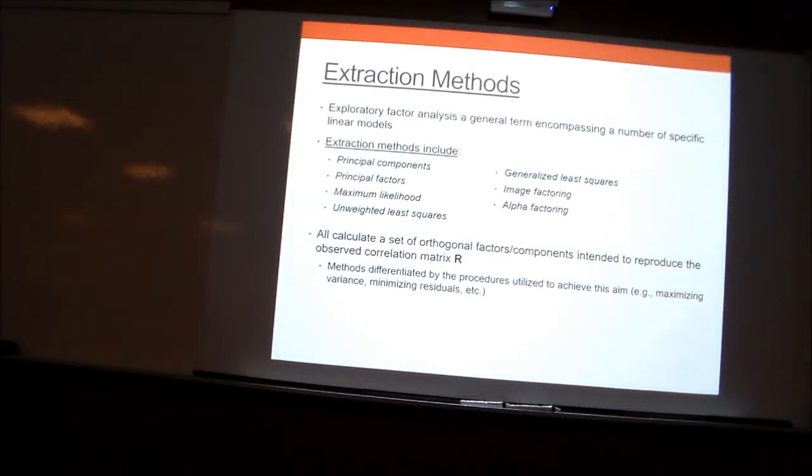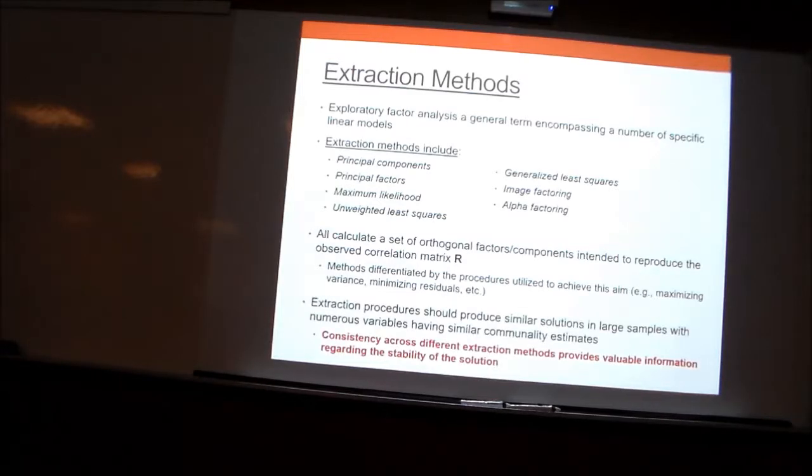As I said before, they're just a little bit different in how they pull this stuff around. But as I mentioned previously, if you've got a large sample, if you've got a good number of variables, if all of these have similar and strong commonality estimates, you shouldn't get wildly different solutions depending on what extraction technique that you use, okay?